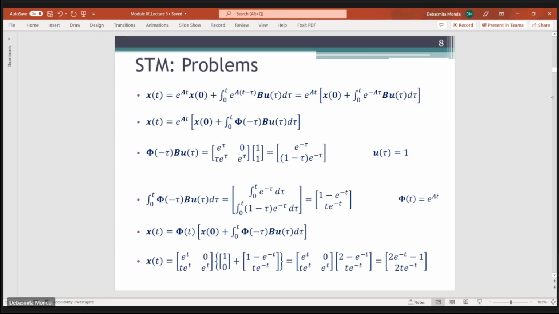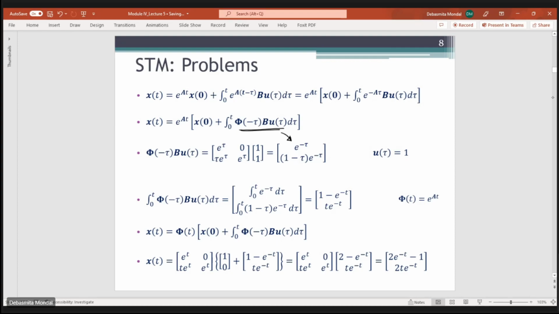So you can compute this term inside: phi of minus tau, B, u of tau is just the product of these two matrices, which is nothing but this. So this term is known to you, given by this expression.